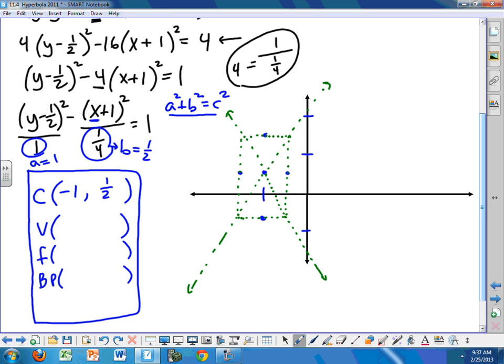Once again, if you label these parts, this first part here is the center, then we have the vertices on the top and bottom. This is a vertical hyperbola, so that puts this as a box point, and this is a box point. This graph is taking a long time to produce, but boy, it is rewarding when we get it done. This one goes along that asymptote and then down along that one.